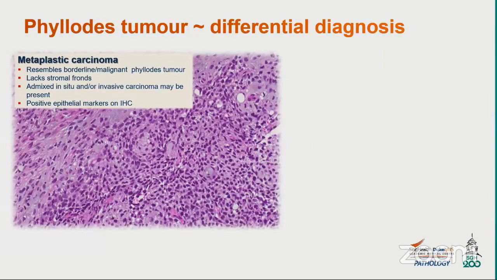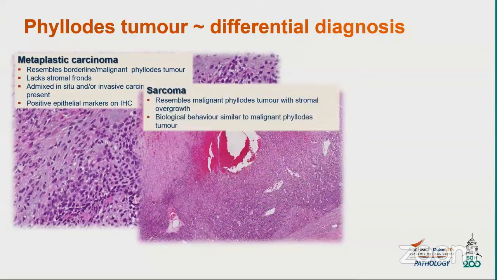Metaplastic carcinoma of spindle type resembles the borderline or malignant phyllodes tumor but will not possess stromal fronds, and the presence of any admixed in situ or invasive carcinoma will relegate the tumor to a metaplastic carcinoma category. On immunohistochemistry, epithelial markers will be positive in a metaplastic carcinoma.